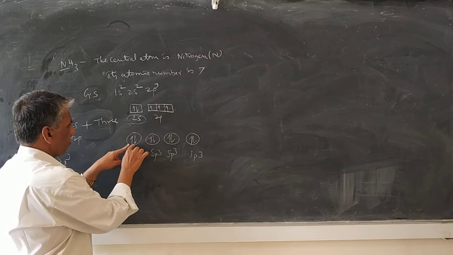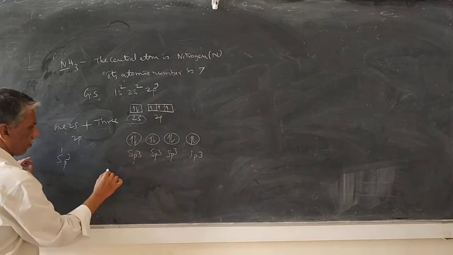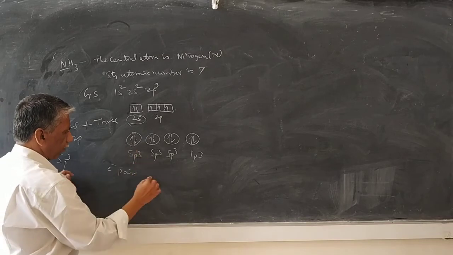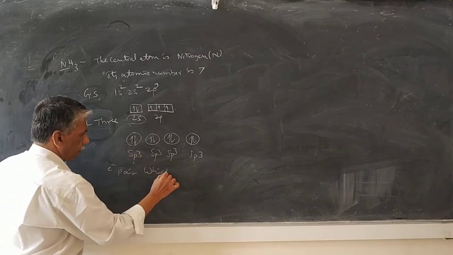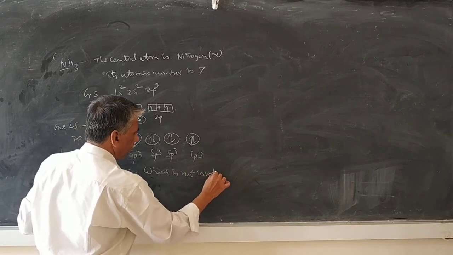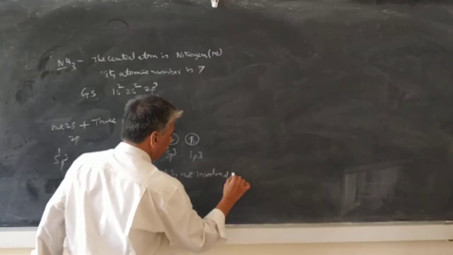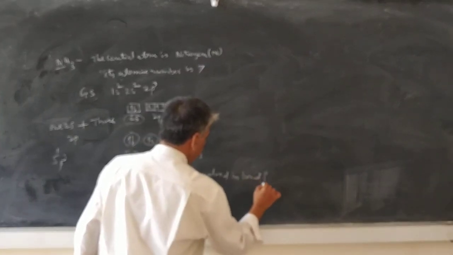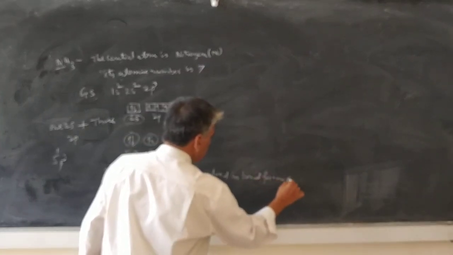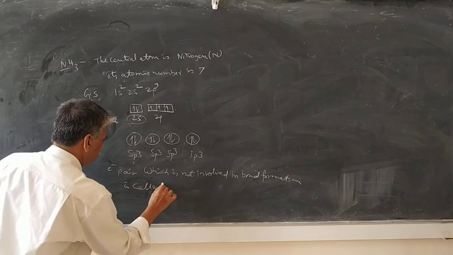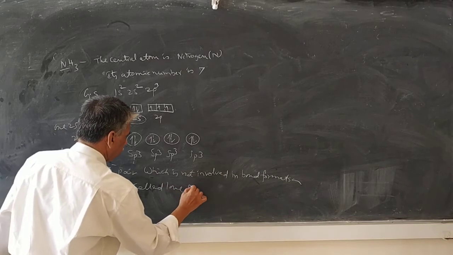And this electron pair, which is not involved in bond formation, is called a lone pair of electrons.